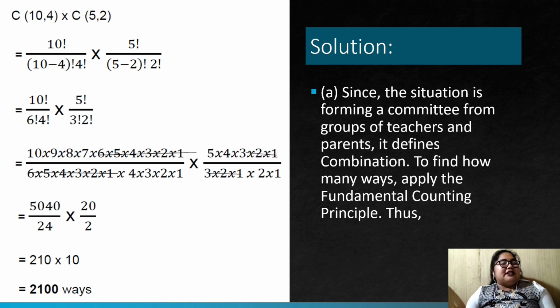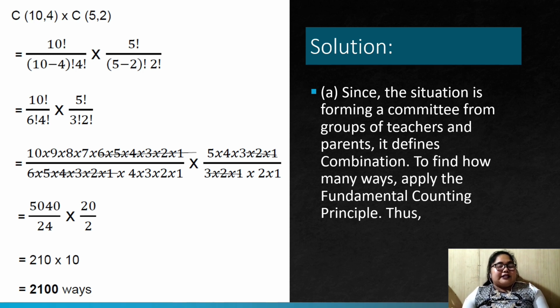Thus, C(10,4) times the other combination, C(5,2). So we have 10 factorial over (10 minus 4) factorial times 4 factorial, times 5 factorial over (5 minus 2) factorial times 2 factorial.